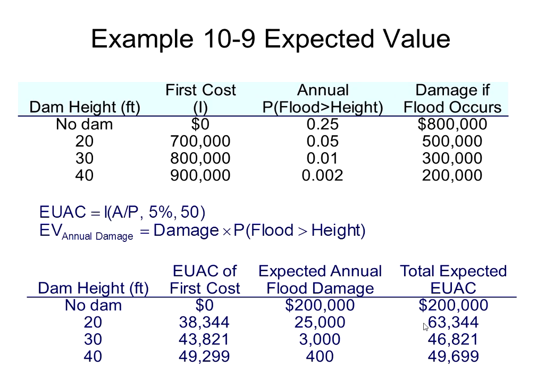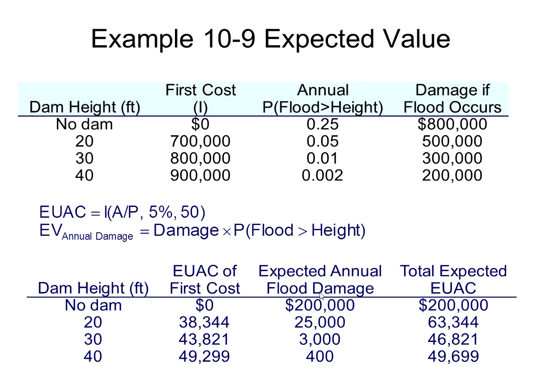So then we can get the total expected annual equivalent uniform annual cost, and that's basically including the equivalent uniform annual cost of first cost and an expected flood damage. So we're just adding those because this is already annualized. We annualize the first cost, and this is already annual.